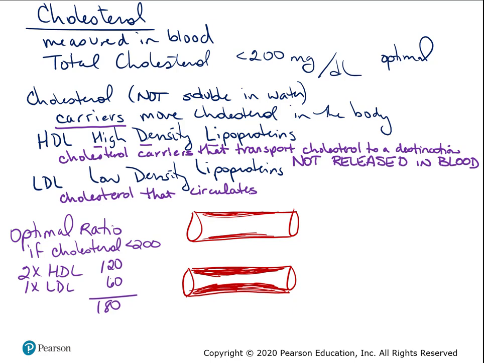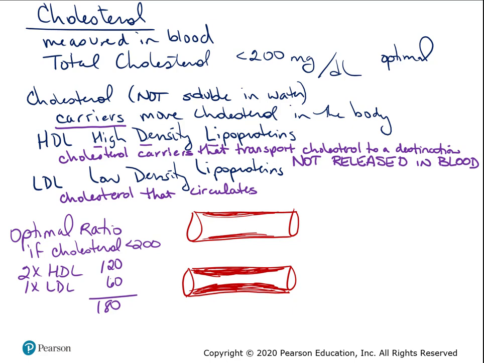As it moves through the blood, this carrier doesn't hold on to cholesterol very tightly, and it can release it. If it releases it, cholesterol is not going to stay dissolved in the blood. It's going to stick to the wall of the blood vessel.